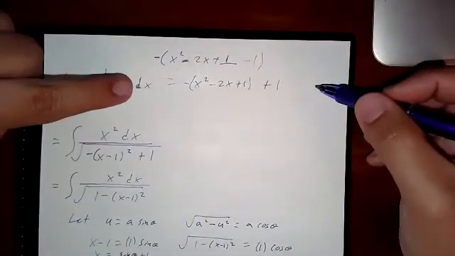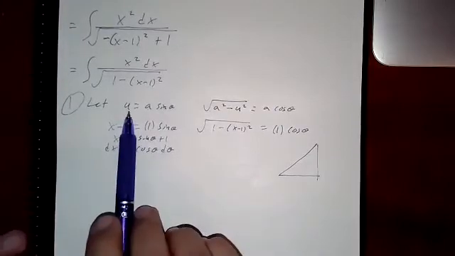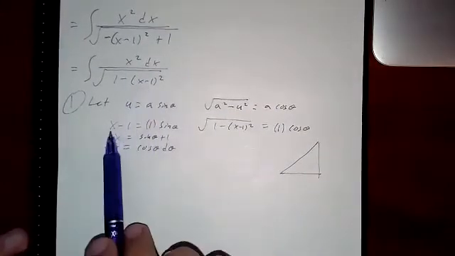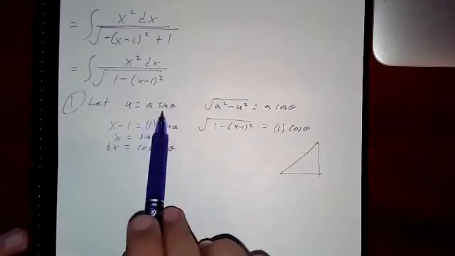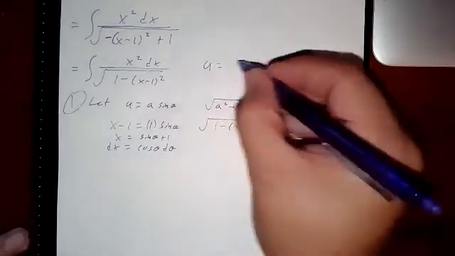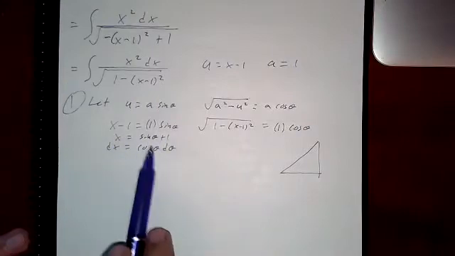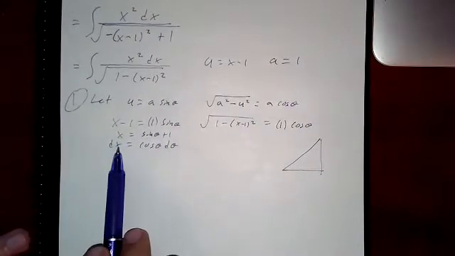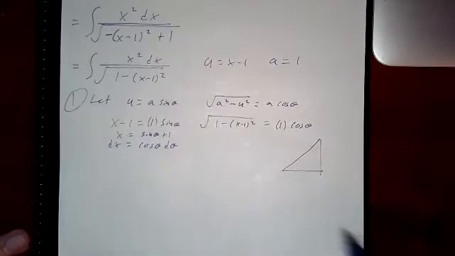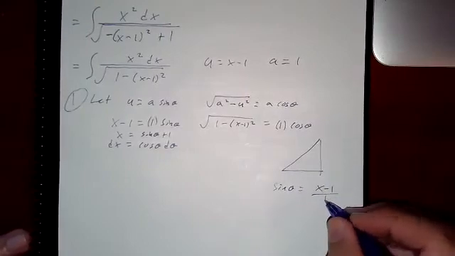All right, so we square first. Rearrange it so it looks like rule number 1. That's what we did. Then substitute u for what's in here, x minus 1 equal to a sine. A is 1. Okay, I'll make a note over here that u is x minus 1 and that the a was 1. So that's where this came from. I solved for x, took a derivative, and since I had sine to begin with, I can use that to build the triangle, x minus 1 over 1.